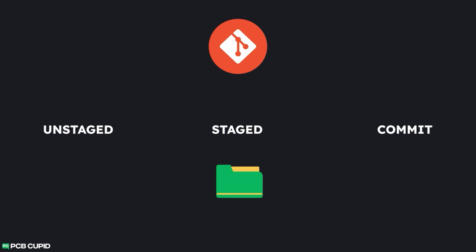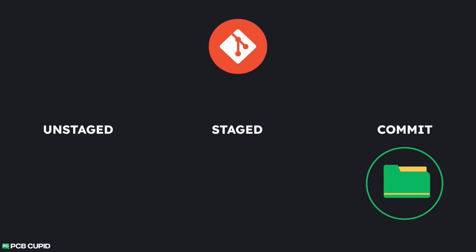Once we finish our review, we can commit these files into a new revision with a meaningful message. And Git will save this as a new revision with a unique hash, which can be used to differentiate or revert back to previous commits. Now we need to follow this process each time we make a new revision or a change to the circuit. Let's see how it works in action.